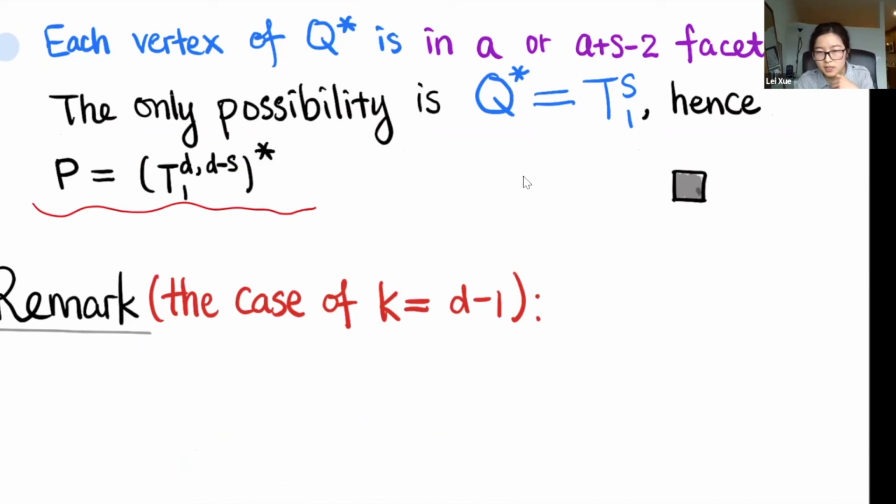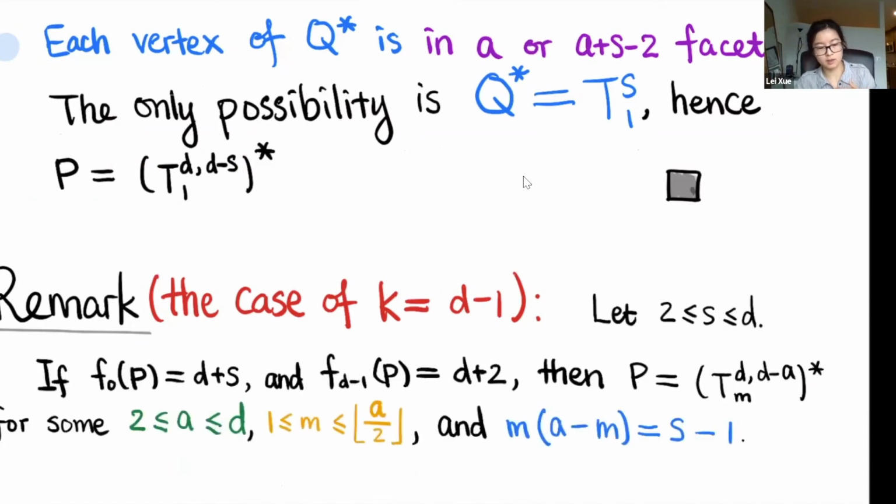When k equals d-1, the polytope that makes the equality hold is in general not unique. That case is when you fix the number of vertices to n, and you fix the number of facets to d+2. So you're basically only fixing the two ends of the f-vector.